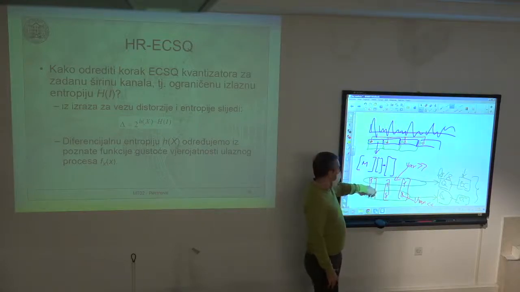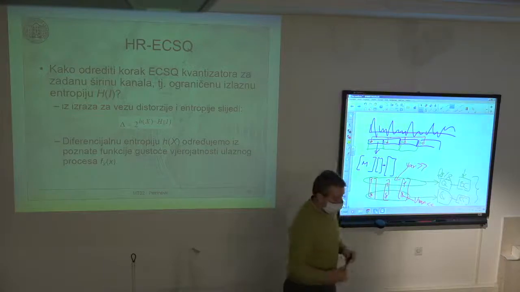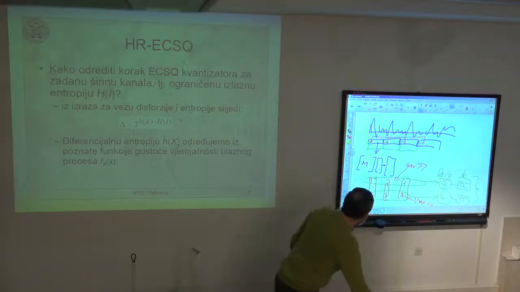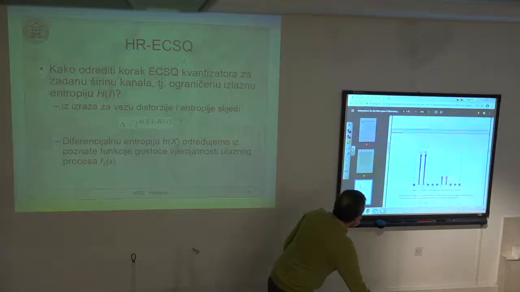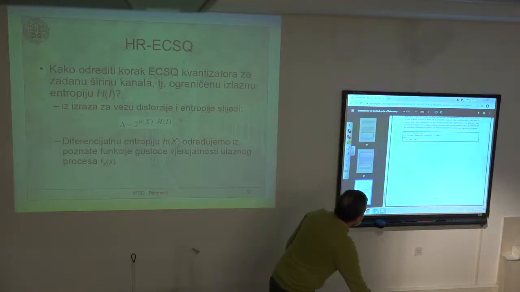But if the variances are of different values, so you have large variance, smaller, smaller, smaller, then you have coding gain. At the end of this introductory note, you will see that this coding gain is defined by the ratio of the arithmetic mean to the geometric mean of variances. This mean is a simple arithmetic mean.